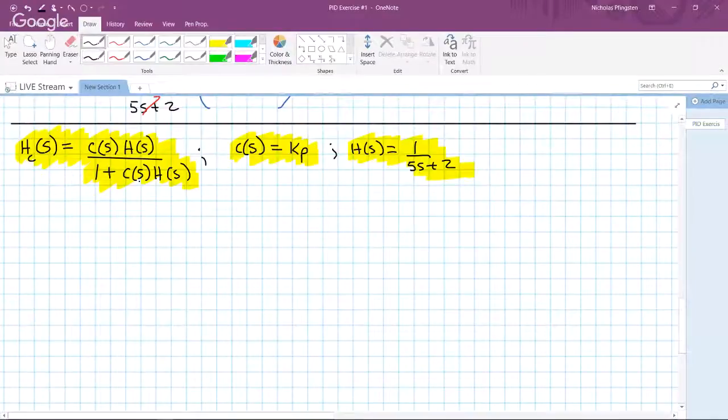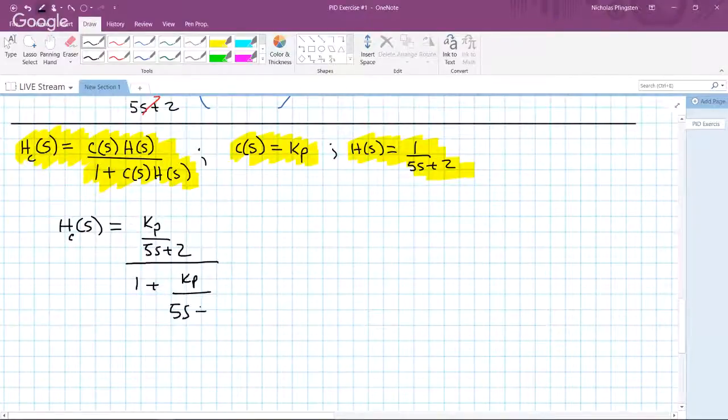Okay. So all I'm going to do is back substitute these values into this formula. So it's just going to be Kp over 5s plus 2, over 1 plus Kp over 5s plus 2.